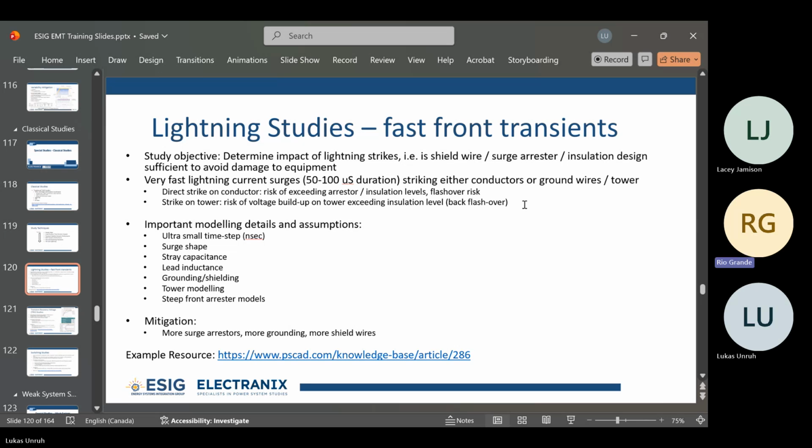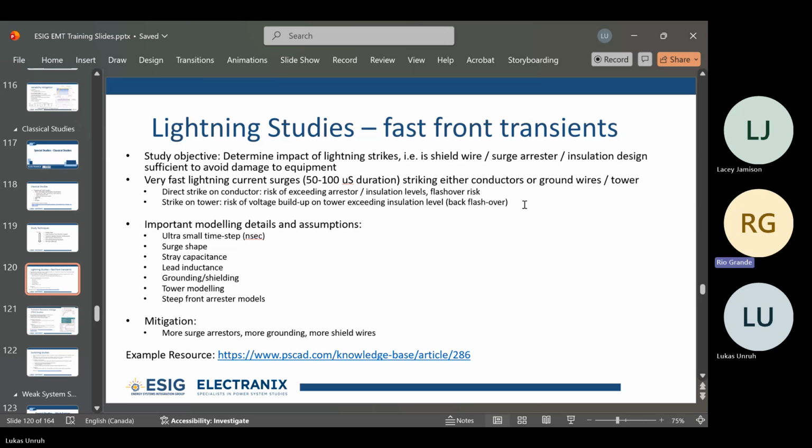Some of the modeling details and assumptions here. Ultra small time step, we're talking potentially nanosecond type time steps for these studies. The lightning surge shapes are pretty much defined in standards, for the most part, in terms of what shape the current surge needs to have for these studies.